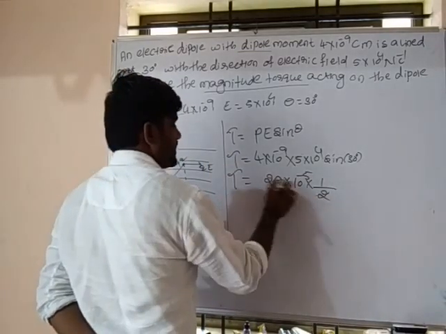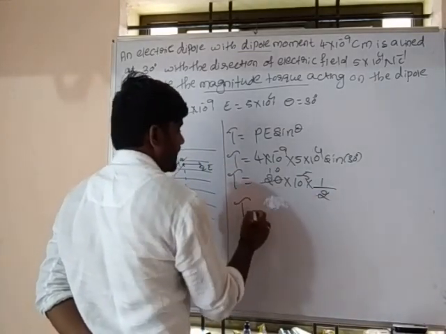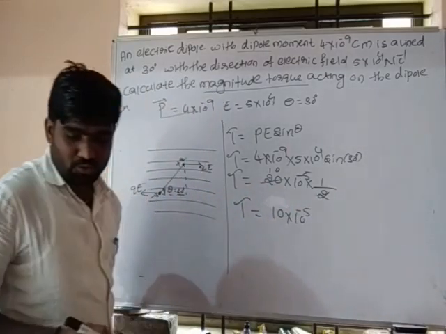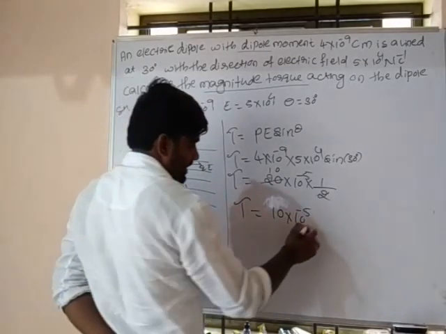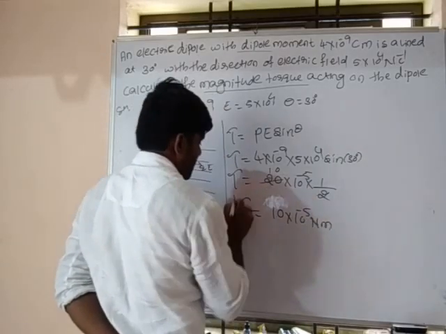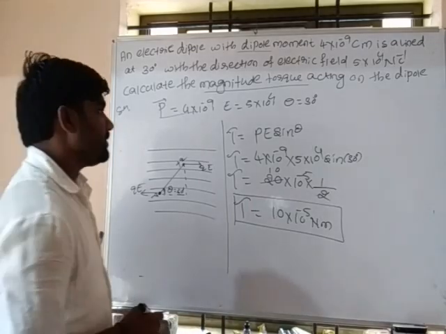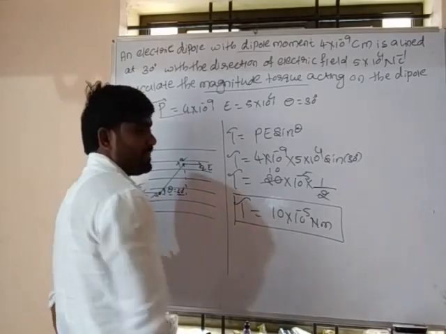So torque is equal to 10 into 10 to the power minus 5 Newton meter. Newton into meter is the final answer.